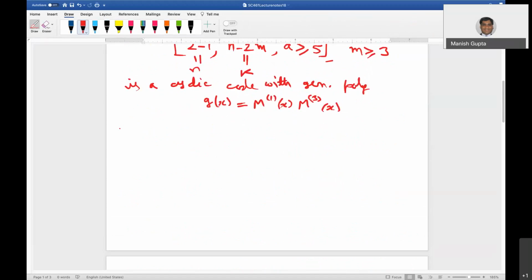Suppose f1(x) and f2(x) are two polynomials in Fq[x].